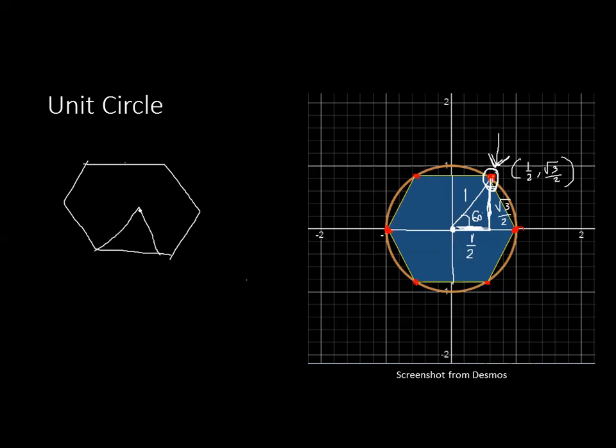Let me draw it again. So we have 1, 2, 3, 4, and 5, right? So what I'm trying to imply here is that the angle here is 60 degrees, and that would also be the angle here, right? 60 degrees. And if you're going to find the height of the equilateral triangle, just like this one and this one, they would be just the same.